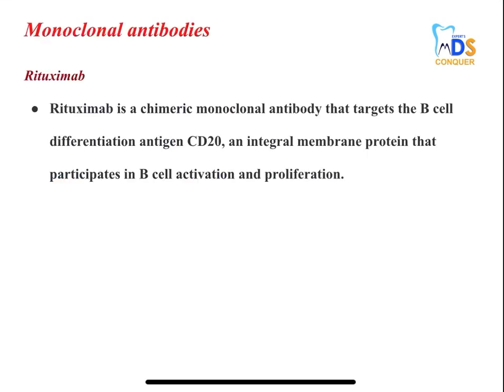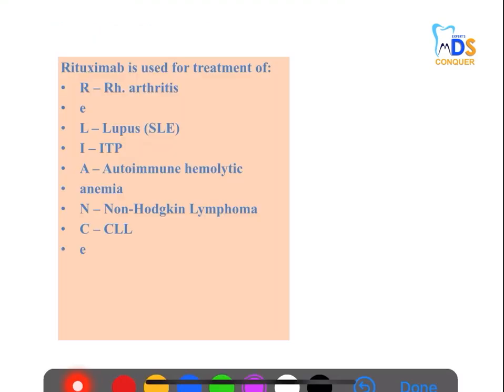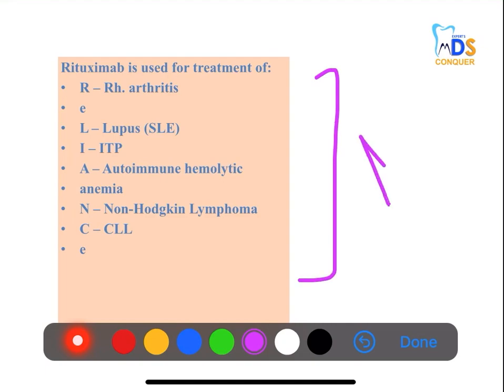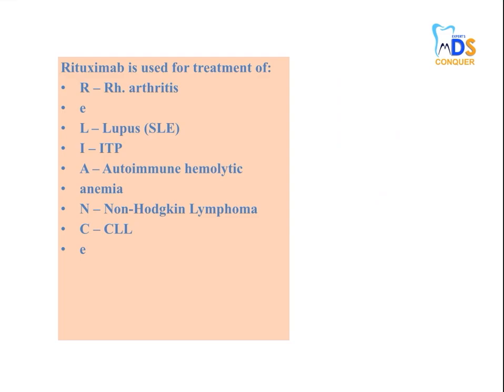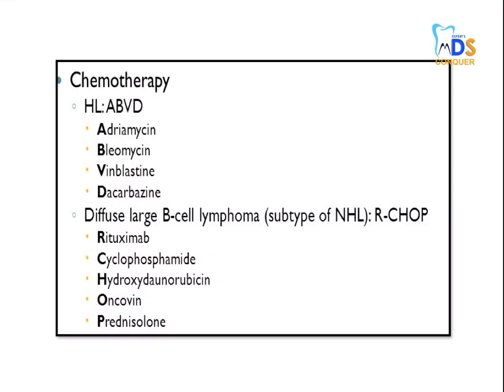Next, the monoclonal antibodies, being rituximab. Very useful are the uses of rituximab: rheumatoid arthritis, lupus, idiopathic thrombocytopenia, autoimmune hemolytic anemia, non-Hodgkin's lymphoma and chronic lymphocytic leukemia. Rituximab uses are quite important, note them down.